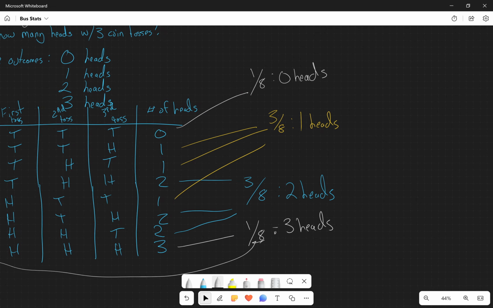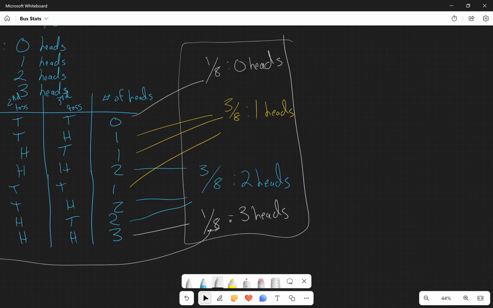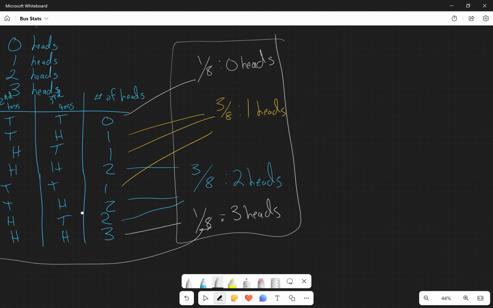So we then take this data and we put it in chart form. We put it in graph form. So on the x-axis, we're going to have number of heads. We're going to have a 0 value that's not on the origin, which I know is kind of strange.